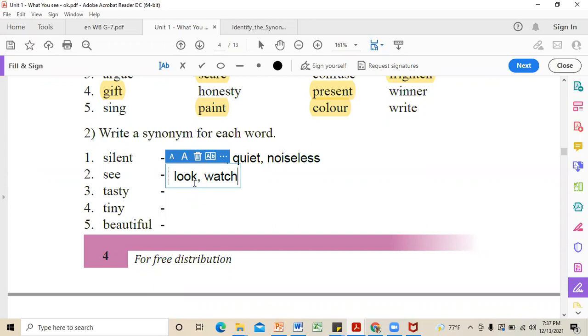Or else we can say some more words like observe, right? So I can say I kept looking at, or I kept seeing a particular car. So I can say I was observing that car, right? So observe is also another word which we can use, right?